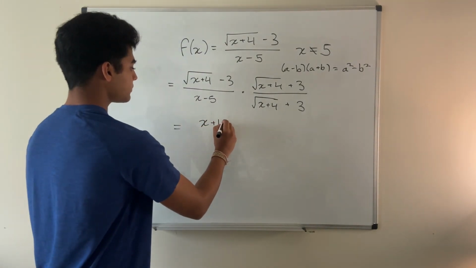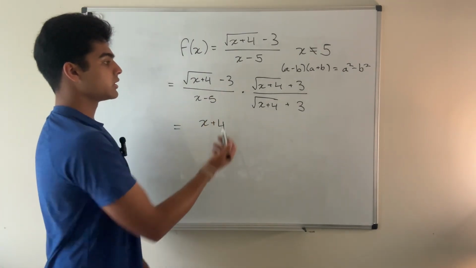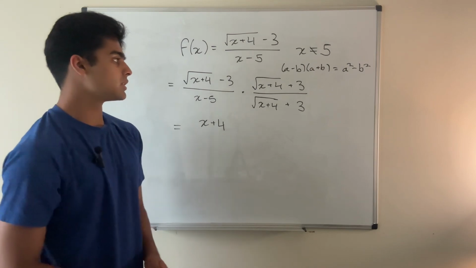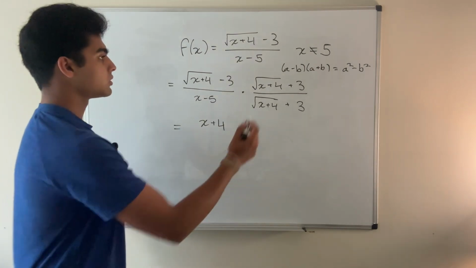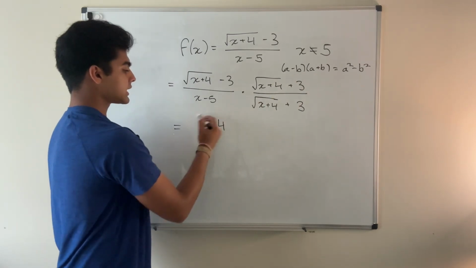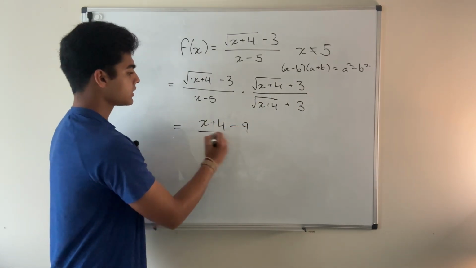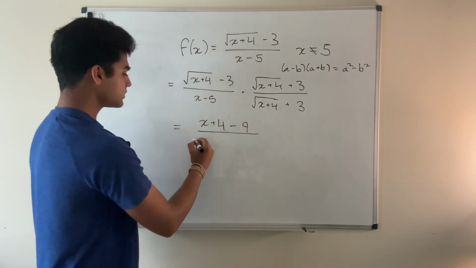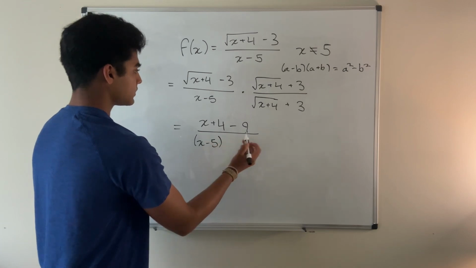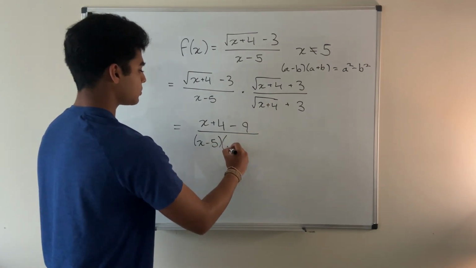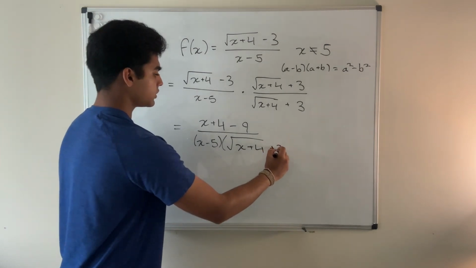Then our b in this situation is 3, so b squared is going to be 9. So we have a squared, which is x plus 4, minus b squared, which is 9, so minus 9. And then here we can just write it as it is: x minus 5 times the whole quantity root x plus 4 plus 3.